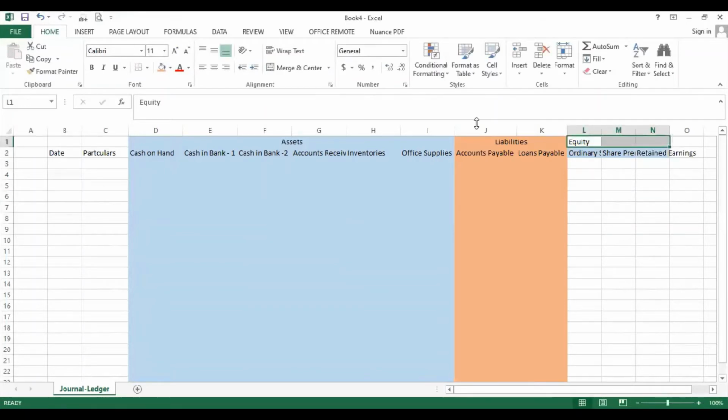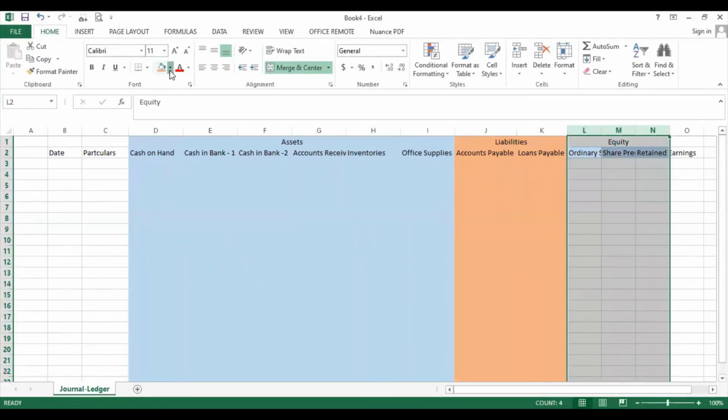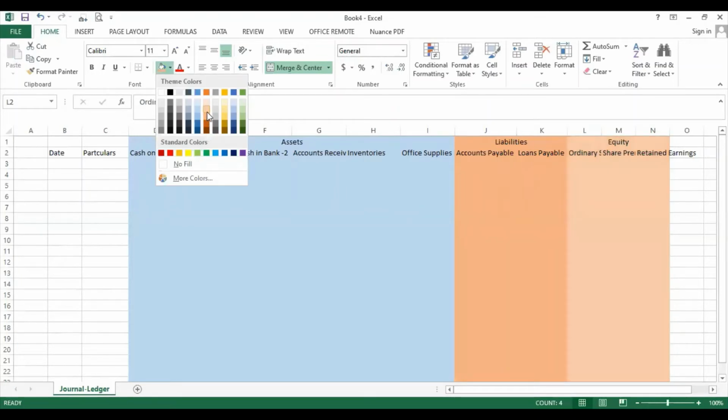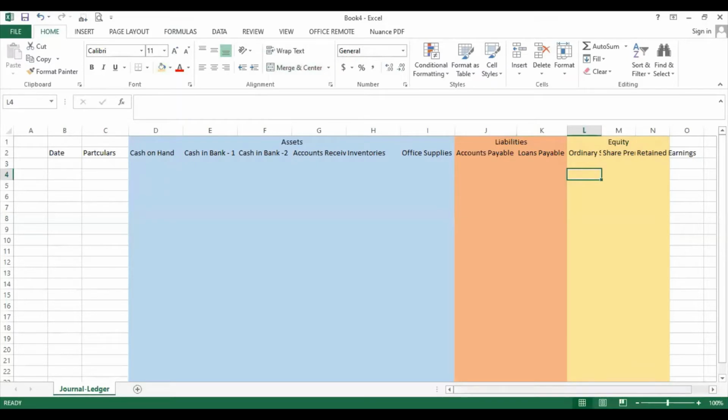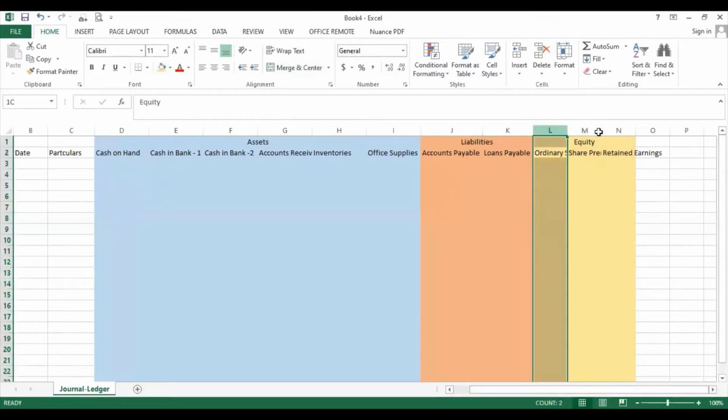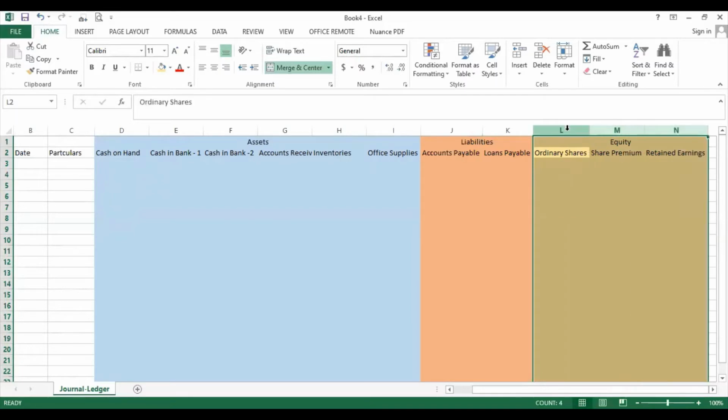Merge this. Okay, let's change this color. And highlight. So you just double click to show all the contents of that column. So we have assets, liabilities, equities.